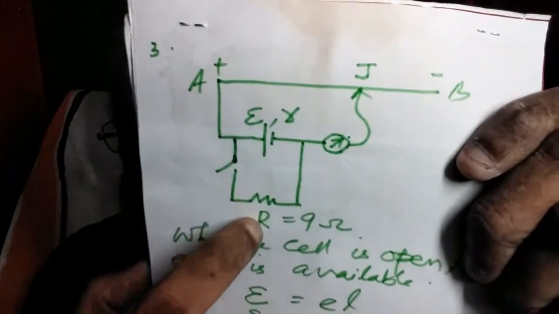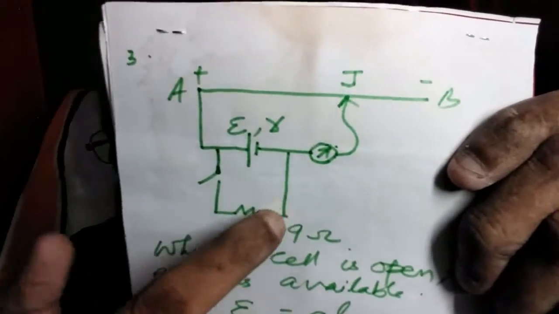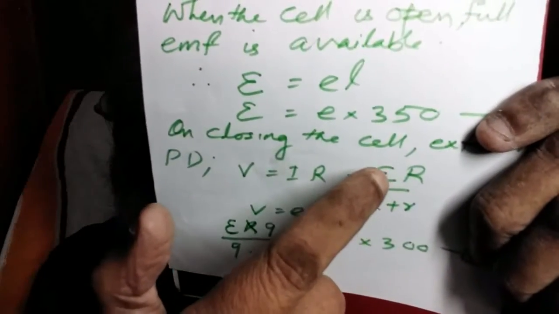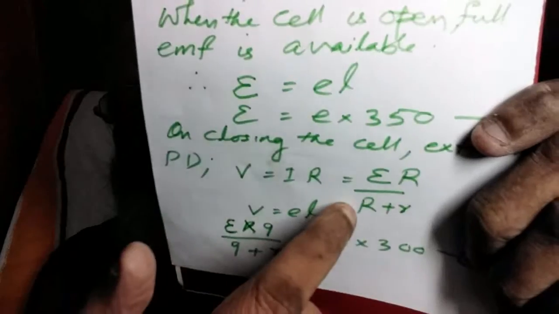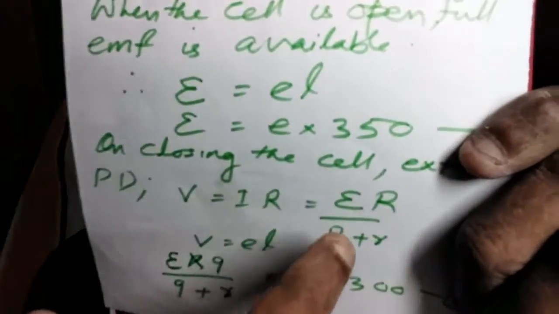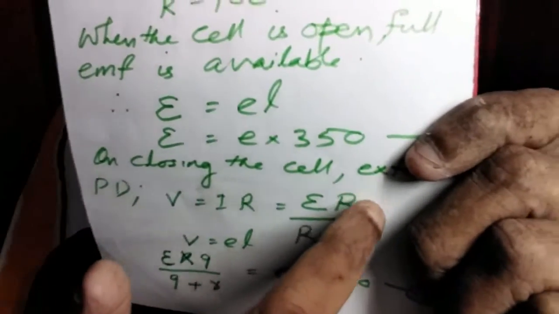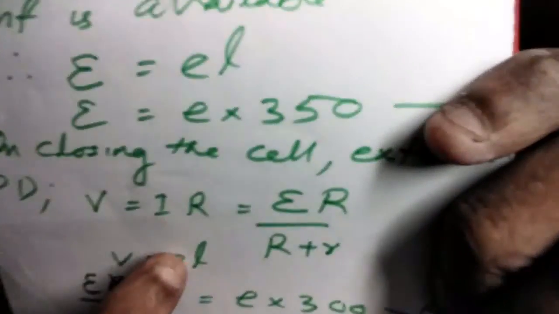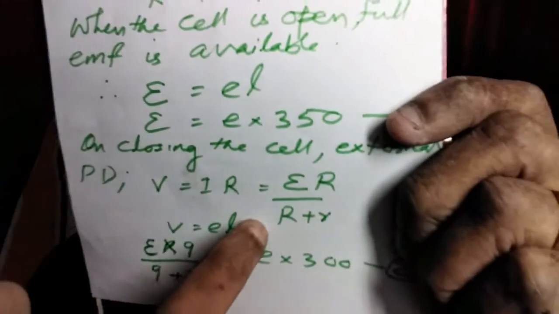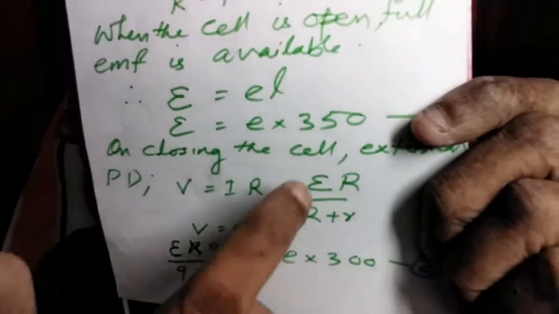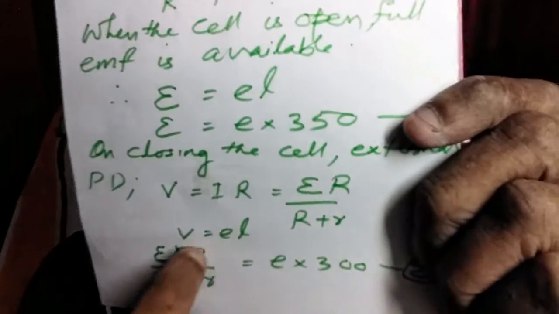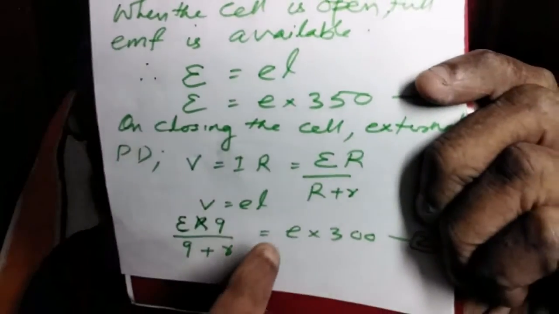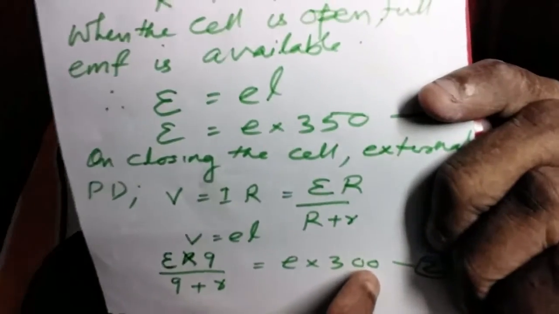The terminal PD V equals I into R, where I is EMF by total resistance, E by R plus r. So V equals E R by R plus r. This must be equal to e into L, gradient into balancing length. With R given as 9 ohm, E into 9 by 9 plus r equals e into 300.